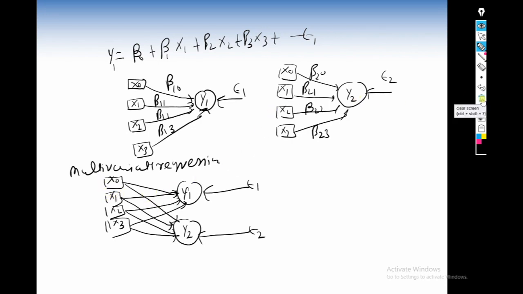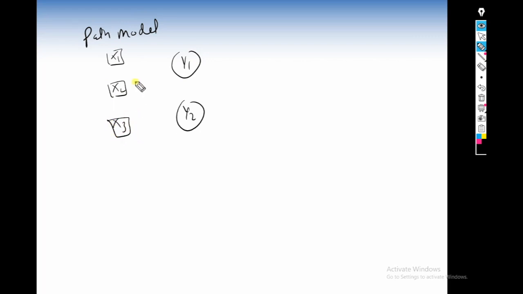Now, what is a path model? How do we write the path model? We can write it like this: y1 is a dependent variable, y2 another dependent variable, and x1, x2 and x3 are the independent variables. x1 is related with y1 and y2, x2 is related with y1 and y2, and the same for x3.